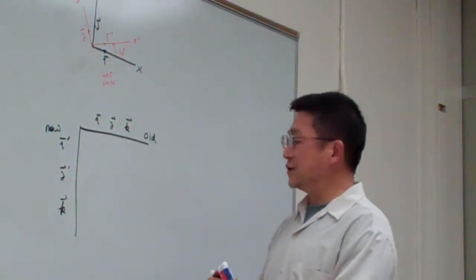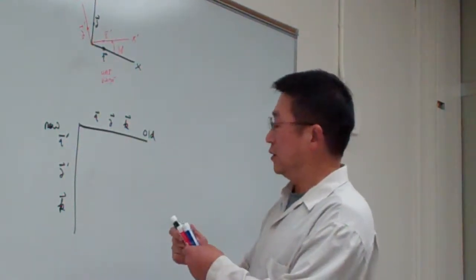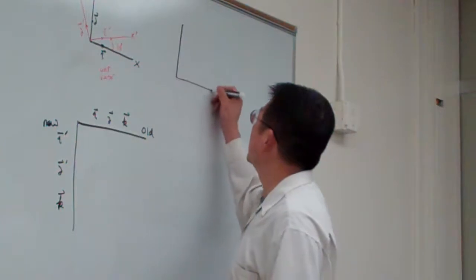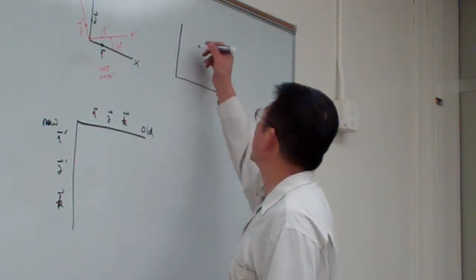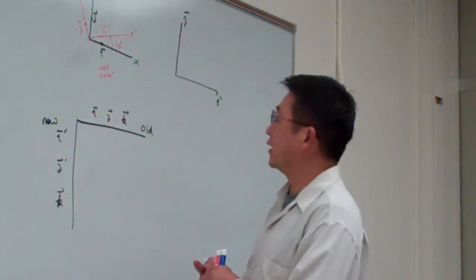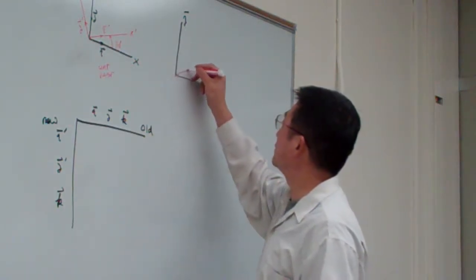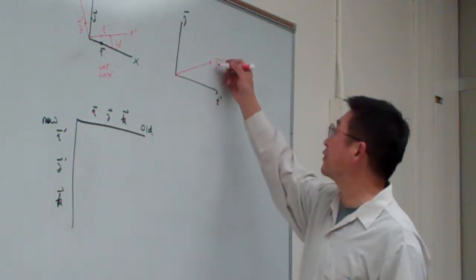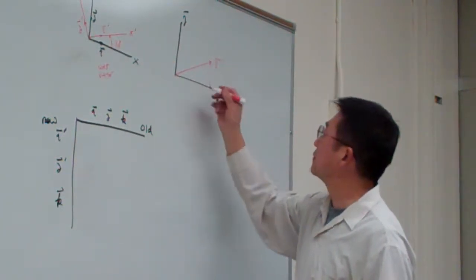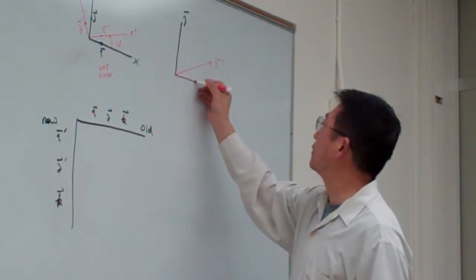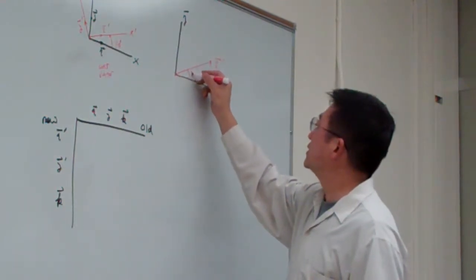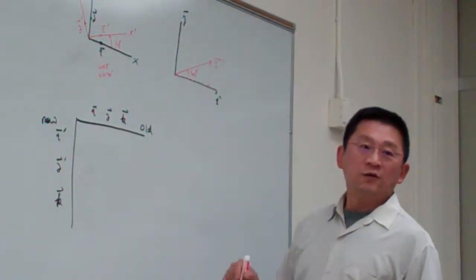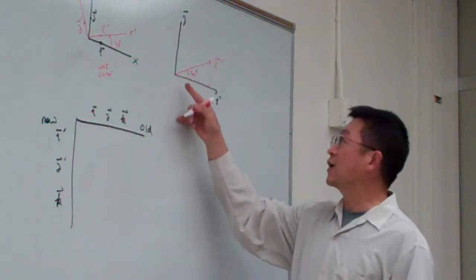So from here you can see, for given, this is i, this is j, and i prime is here. Right? We simply do the graphical projections. This is 30 degrees. So from here you can easily calculate how much this one is.